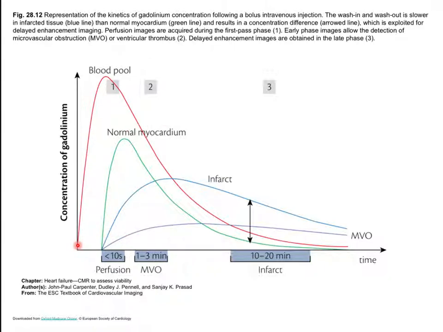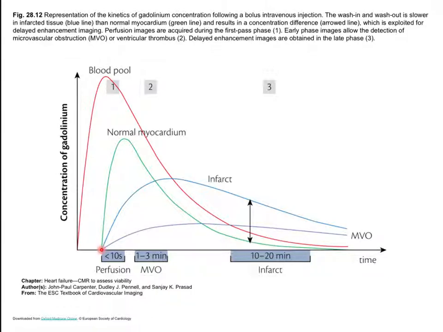If we inject a contrast agent into the patient, it makes the signal much brighter. As a function of time, the left ventricular blood pool gets very bright and then decays away as that contrast agent flushes out of the left ventricle.